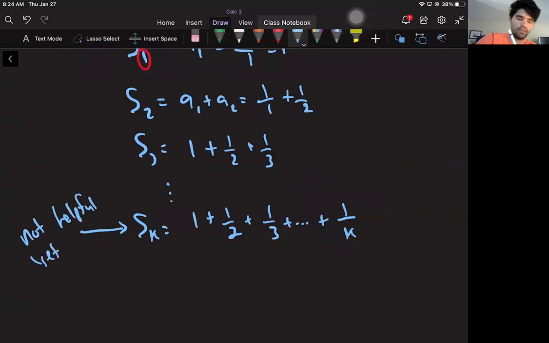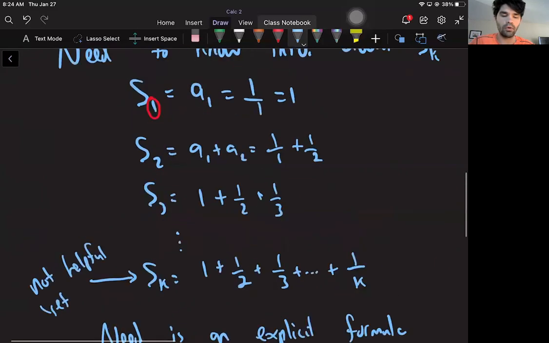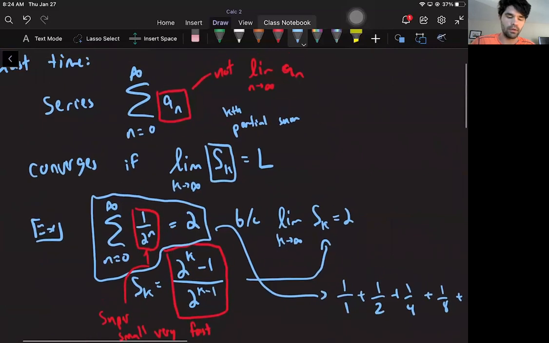What you really need is an explicit formula for SK, like we had for SK in this problem. I'll keep referring back to it. We had an explicit formula here.